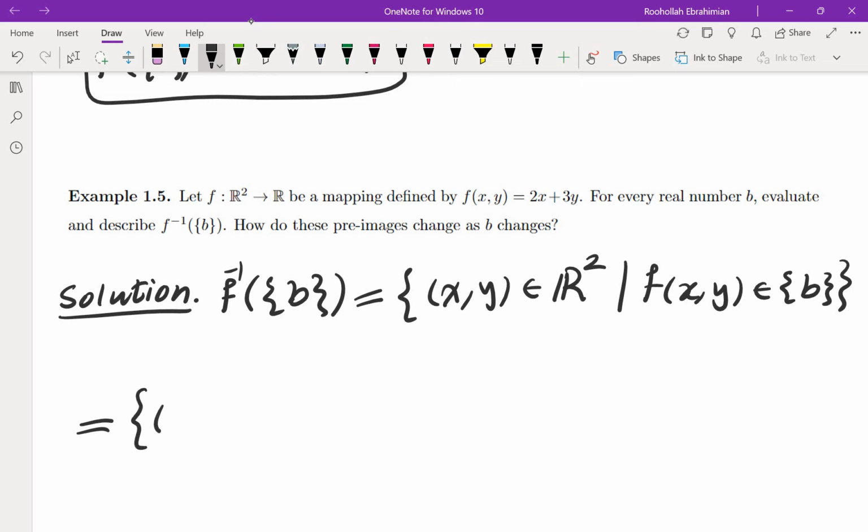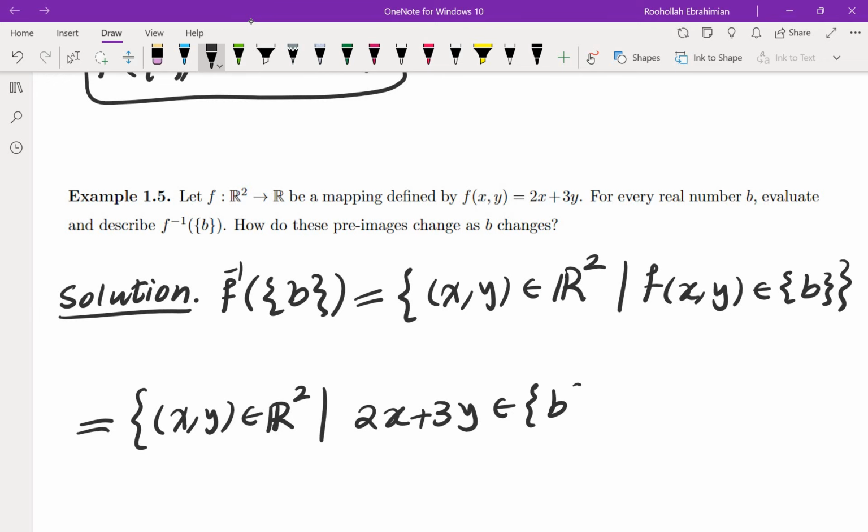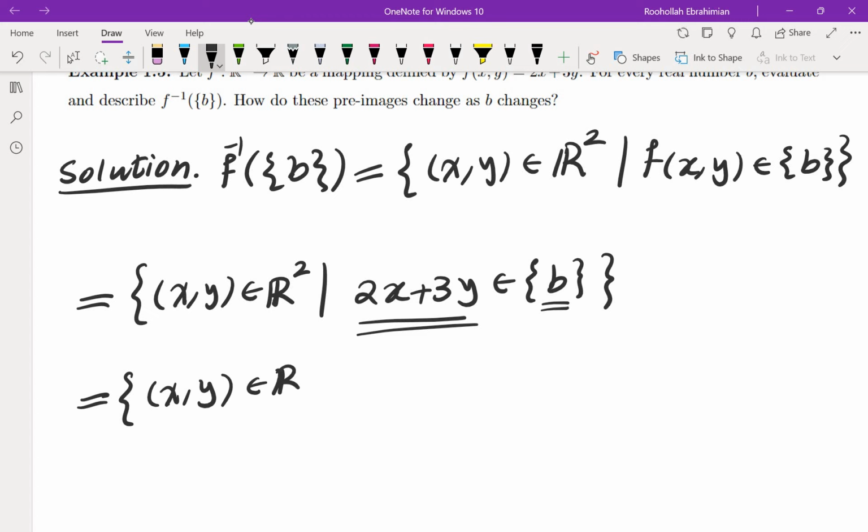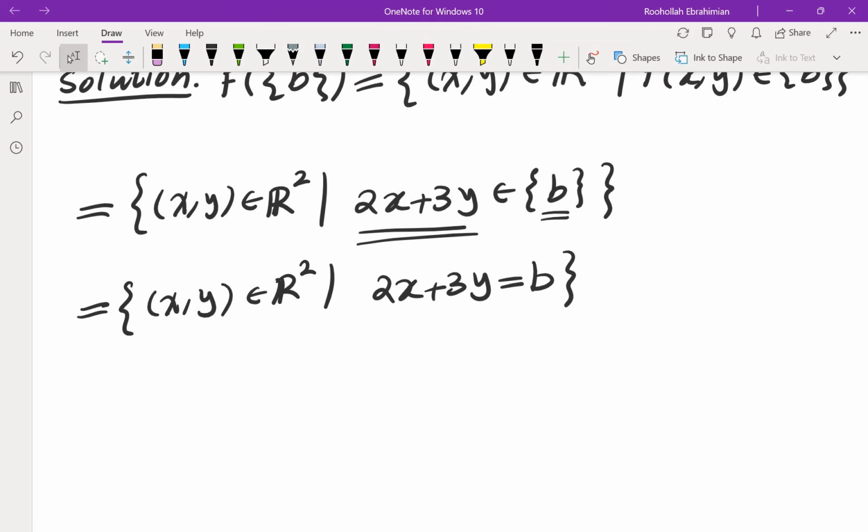So that's equal to all of the points (x, y) inside R2. I'm just going to write down the definition of F. F is 2x plus 3y, that is inside the set with one element, the set containing only b. But if that element is inside a set with one element, it means that element must be exactly b. So it is all of the points (x, y) in R2 such that 2x plus 3y is equal to b. But we know what that set is.